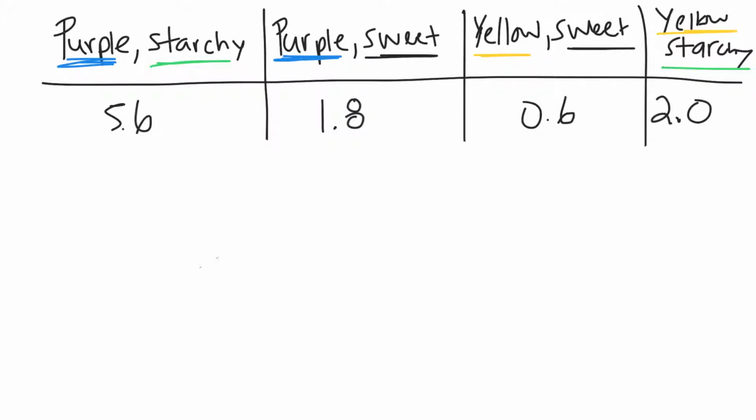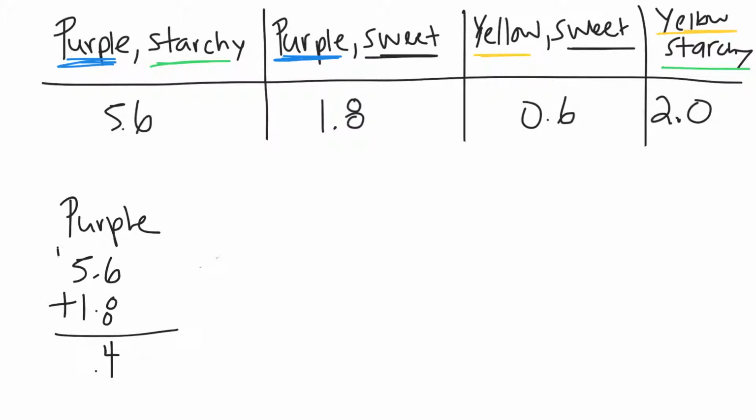So what I'm going to do is to count up how many there are of each. So for purple, so I'm just worried about purple, yellow. How many purple do I have? Well, I have 5.6 from the purple starchy, and I have 1.8 from the purple sweet. So if I add those together, I get 7.4.